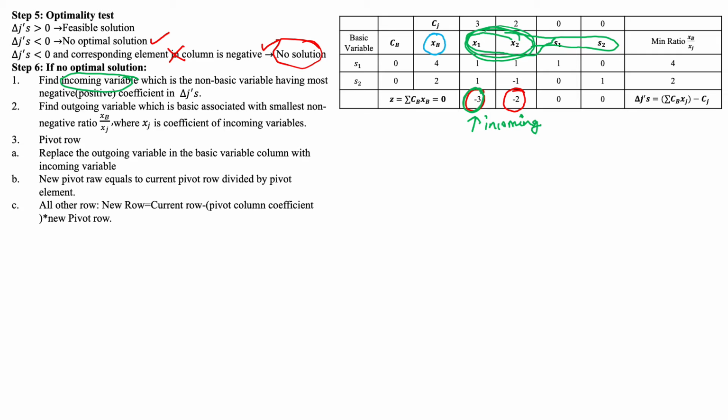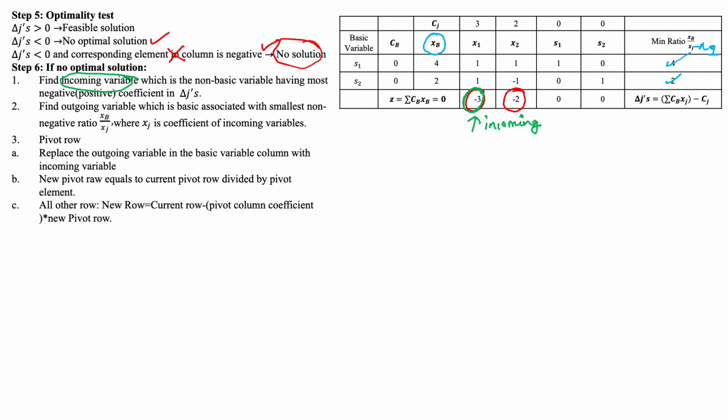This is xb, and here xj is x1. So the incoming variable is identified. xb by xj, where xj is x1: 4 divided by 1 is 4, 2 divided by 1 is 2.